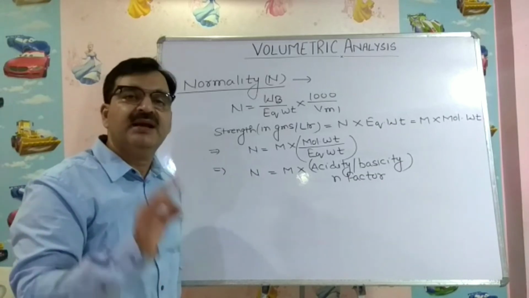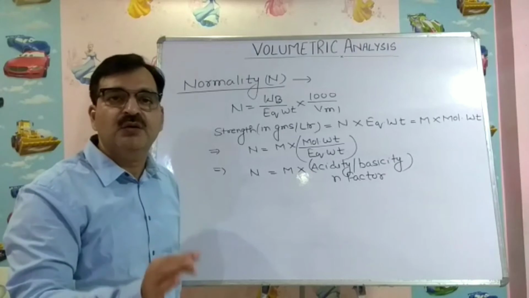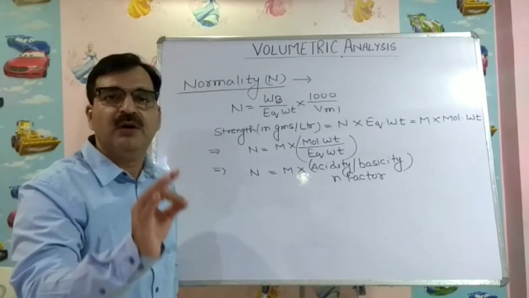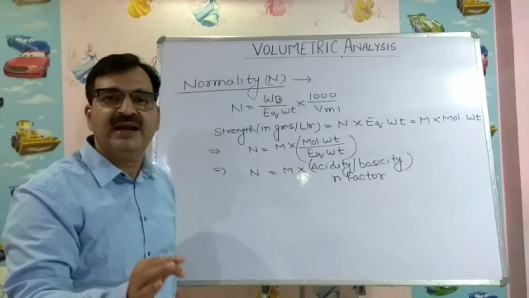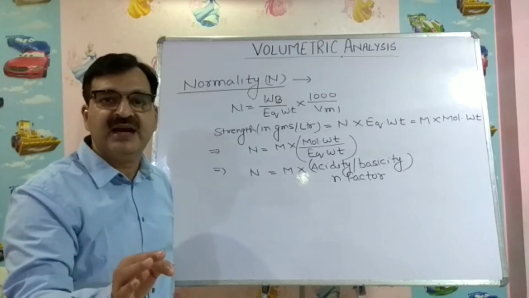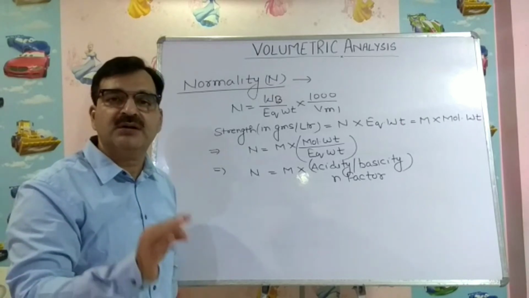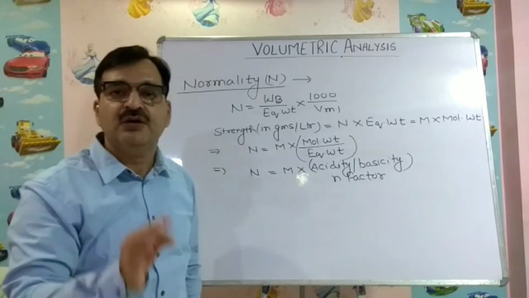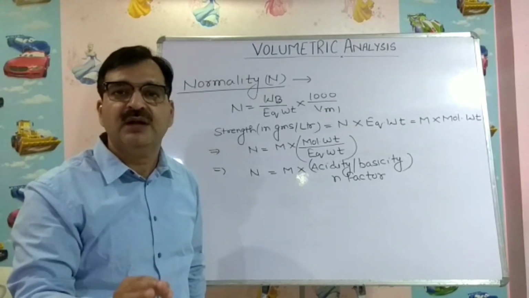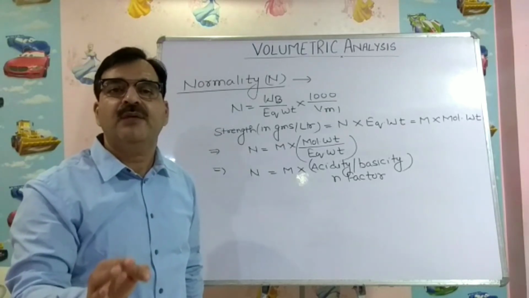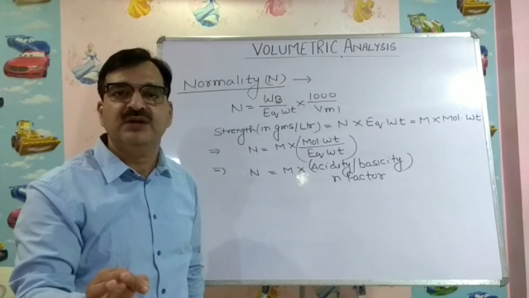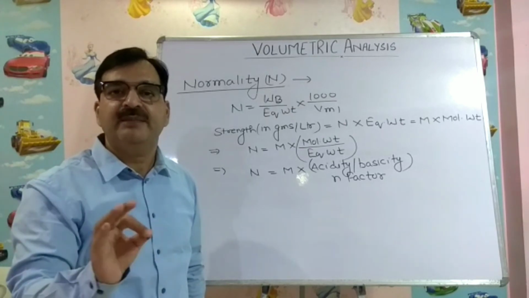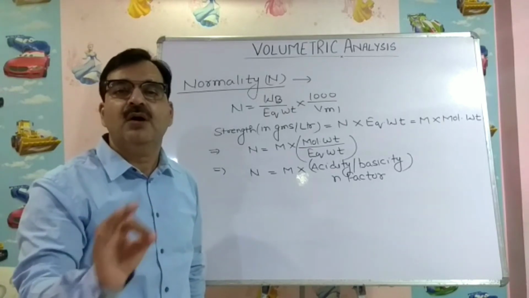In case of salt, equivalent weight is the molecular weight divided by total cationic or total anionic charge. In case of oxidizing agent and reducing agent, the equivalent weight is equal to the molecular weight of oxidizing agent or reducing agent divided by change in oxidation number.